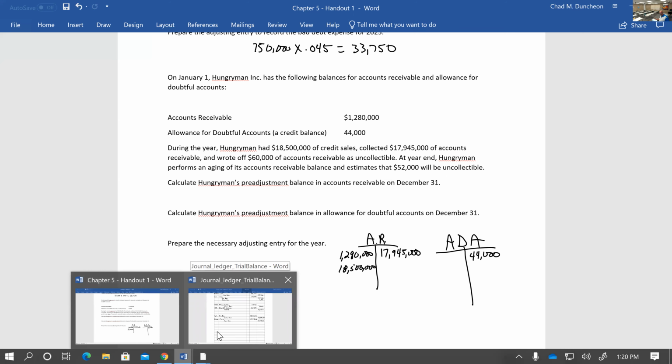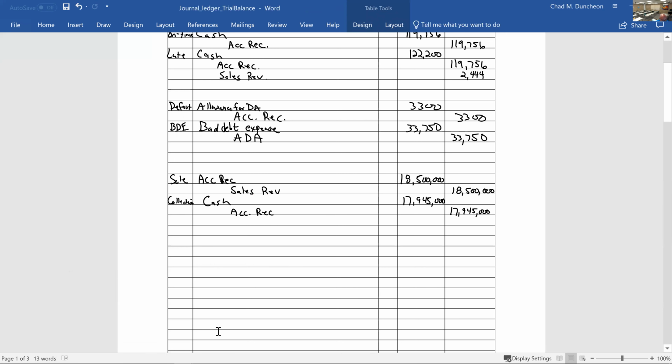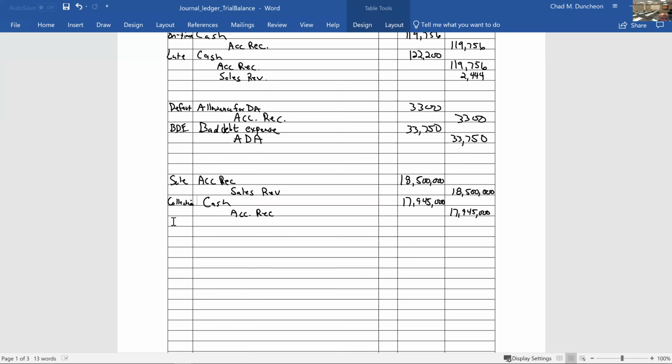When something becomes uncollectible, or defaults, meaning we know we are not going to collect it, we always debit our ADA to make it lower. We can credit our accounts receivable at this point because we are not going to collect it at all. We can take the $60,000 off the books as something we expect to collect.